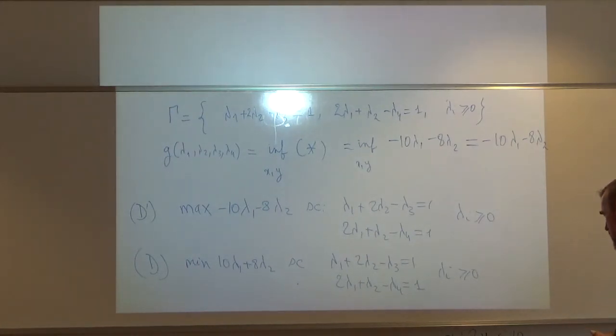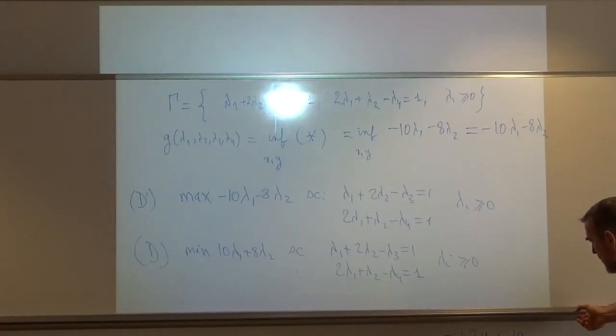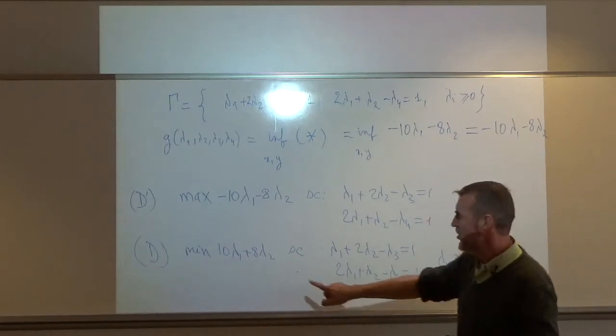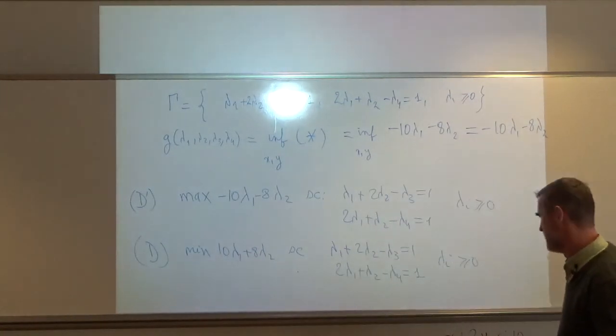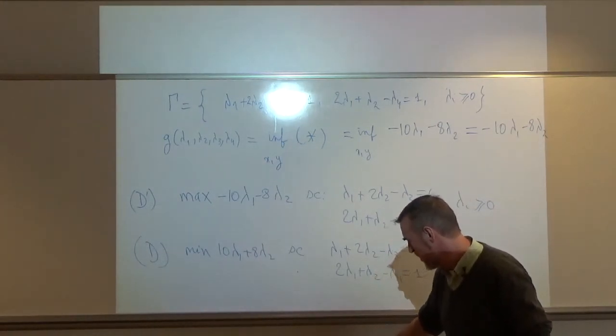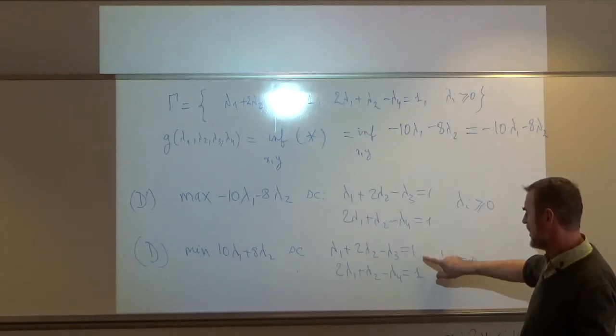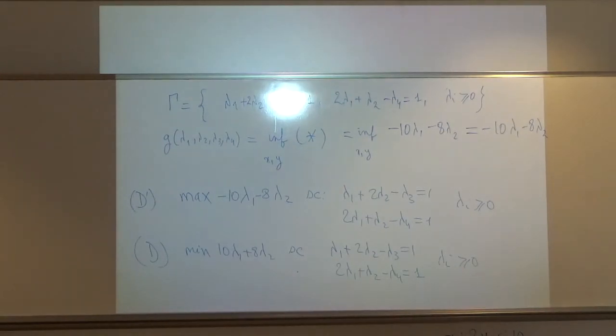And we find that the coefficients here, 10 and 8, the coefficients that appeared in the inequality constraints, appear as coefficients of the objective function. And vice versa, the coefficients of x and y in the original problem appear as the right-hand side in the constraints.